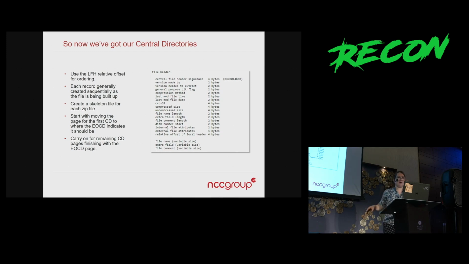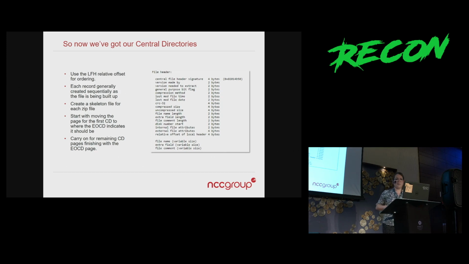We move the entire page from the first CD we find for each zip file into a location in a skeleton file that we're creating. And we move it to a location that we know from the end of central directory for where the central directory block starts. And we carry on doing that iteratively until all of the pages for all of the central directory blocks are set into separate skeleton zip files.